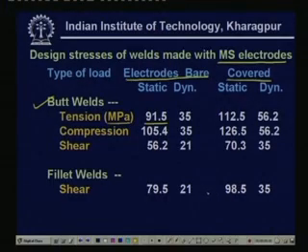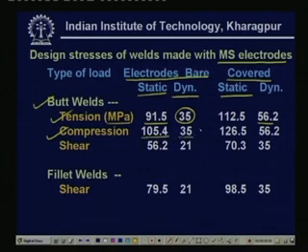If it is designed not to break, then we will have to have an endurance limit sufficiently low compared to that of the static loading. Now, in tension we have 91.5, but in dynamic loading it is 35. If it is covered, then for the static loading it is 112.5, and for the dynamic loading it is 56.2. For the compression it is naturally larger compared to the tension. This is 105.4, and for the compression it is again 35, a similar value.